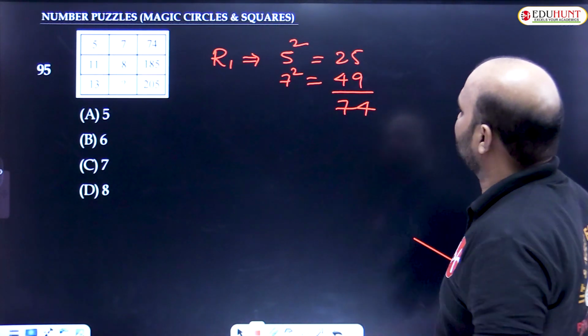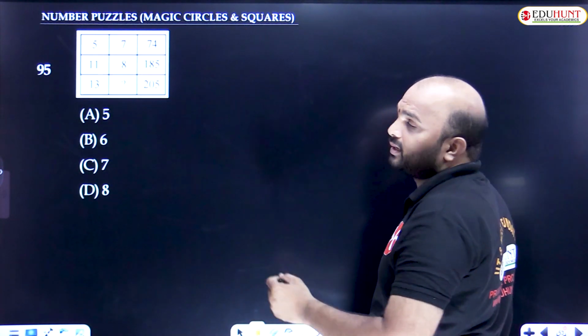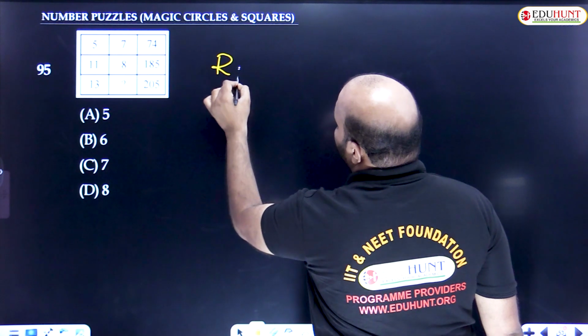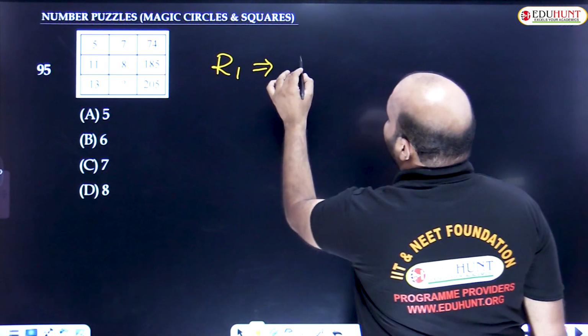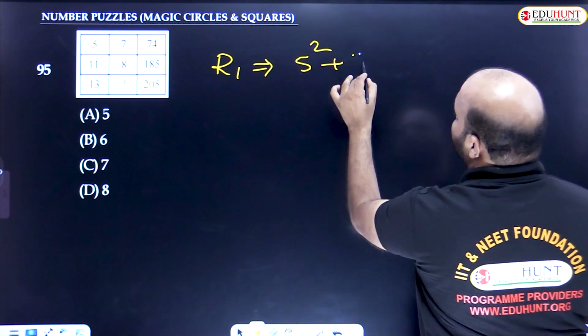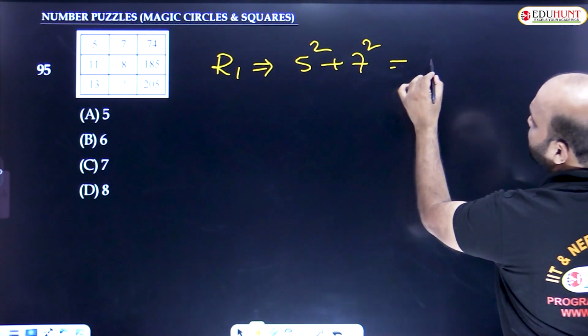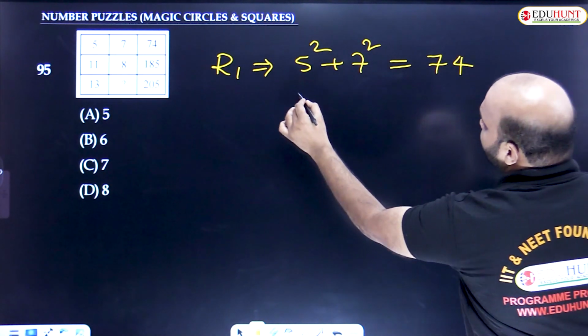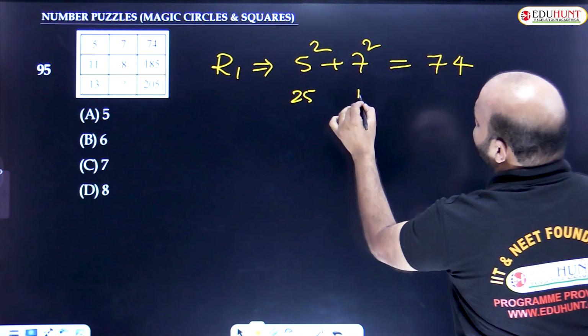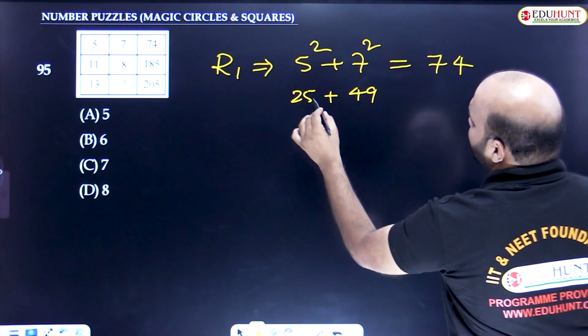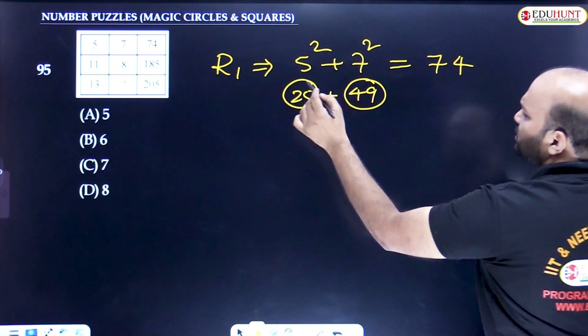So that is the logic in row 1. Which rule has been applied in row 1? 5 square plus 7 square, the sum of the squares of the first two numbers equals 74, because 5 square is 25 and 7 square is 49. The total equals 74. That is the row 1 rule.